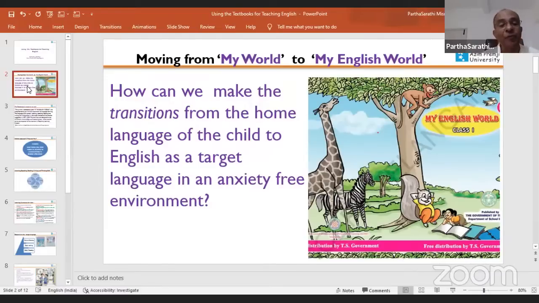And as a teacher, my first task is to make them comfortable. That's why whenever you have the textbook, look at those words which are already known to the children. Look at those experiences which are known to the children and build on those words, build on those experiences.